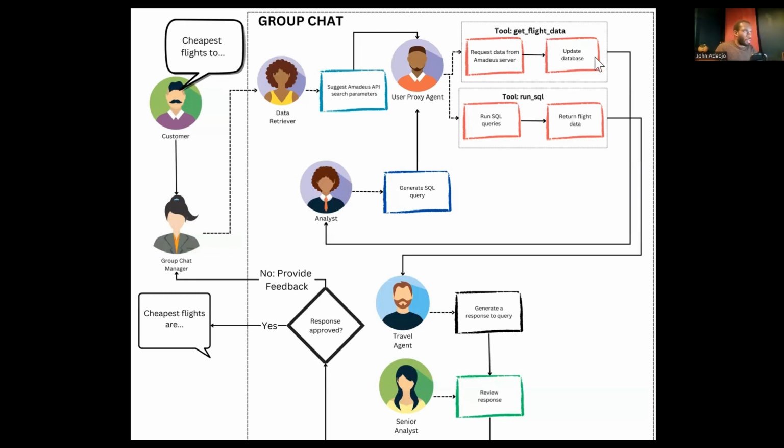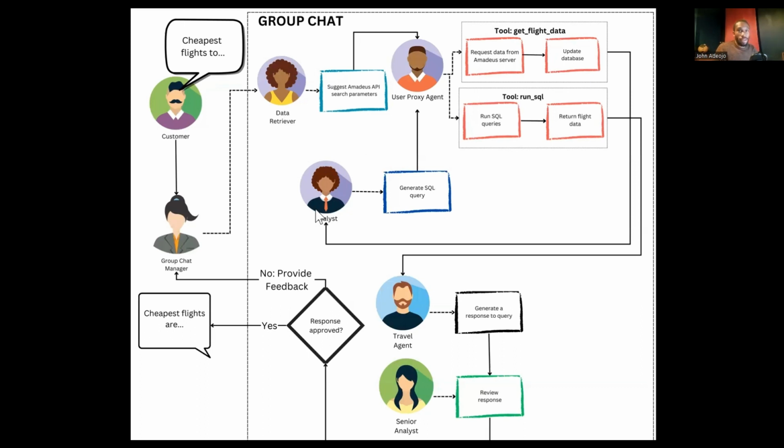Great. So once that's done, what we have essentially is some data sat in Neon that is hopefully relevant to the customer request for data. All right. That is then passed on to the analyst. So the analyst is able to, well, apologies, the data isn't passed on to the analyst, but the analyst understands that the data is now available and then generates a SQL query based on the information received from the customer.